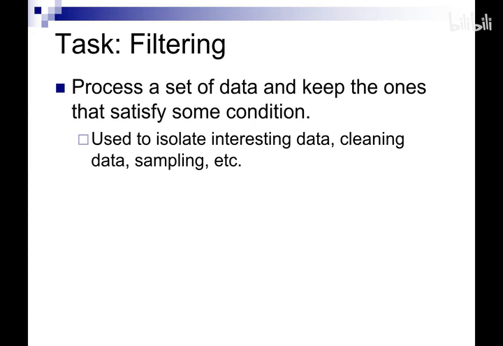You can use it to filter out and keep just the interesting data. You can also use it to clean your data, with some criteria for whether the data is valid or not, so you can filter out all the invalid data. Or you can sample the data, where your condition is that if some random number meets a certain value, then you keep that data. This would be a way of sampling through all of your data.